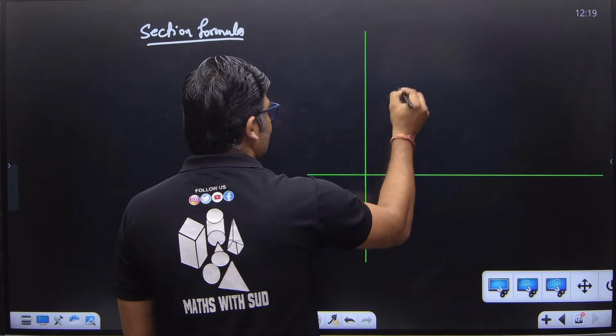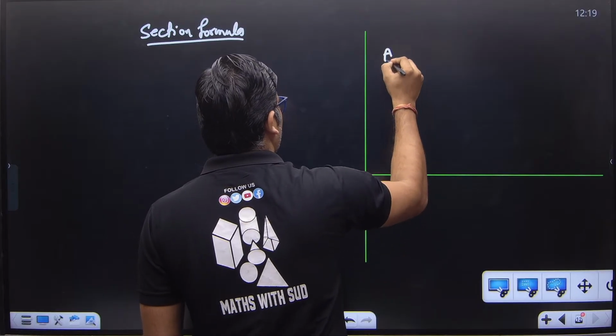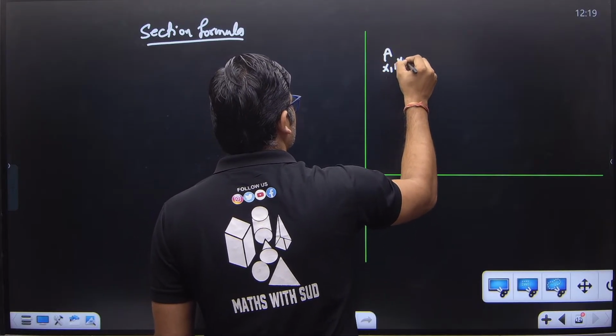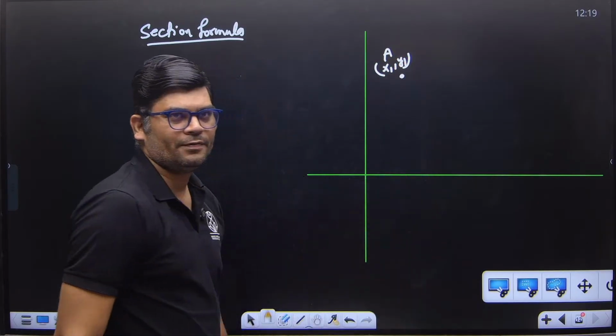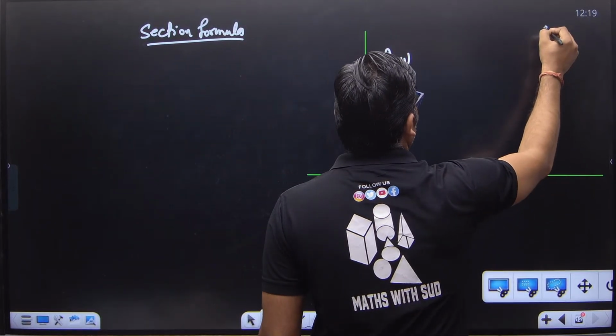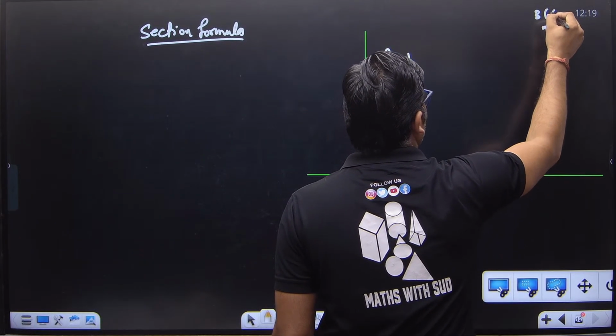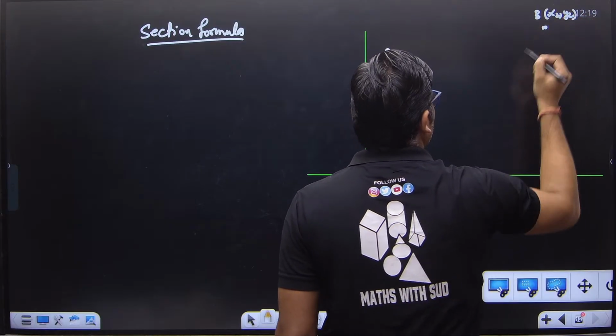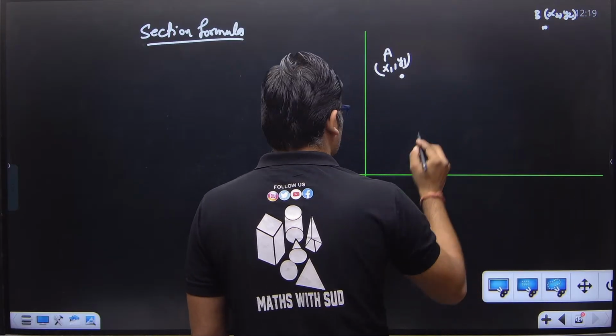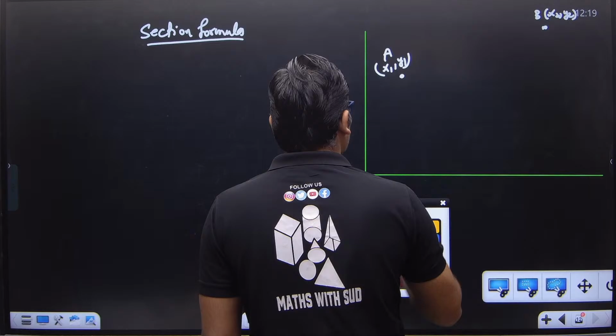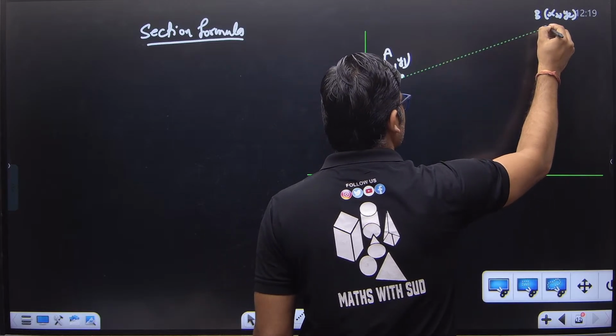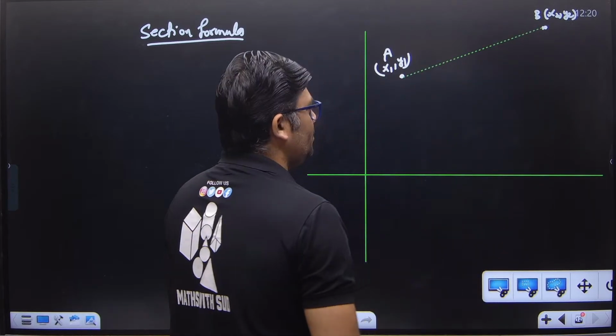Let there be a point A whose coordinate is x1 comma y1, and let there be a point B whose coordinate is x2 comma y2, and there is a line joining the 2 points, which is AB.